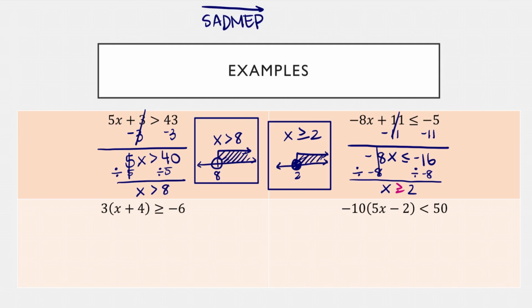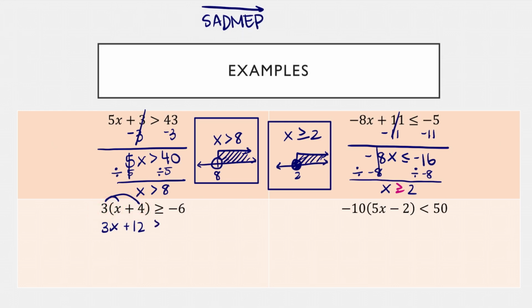In this next one, I have a 3 in front of it, so I need to use the distributive property. To do the distributive property, as you might recall, you just multiply the thing on the outside by each term on the inside of the parentheses. So 3 times x would be 3x, 3 times 4 would be 12, and it's positive 12 because this is positive 3 times positive 4.